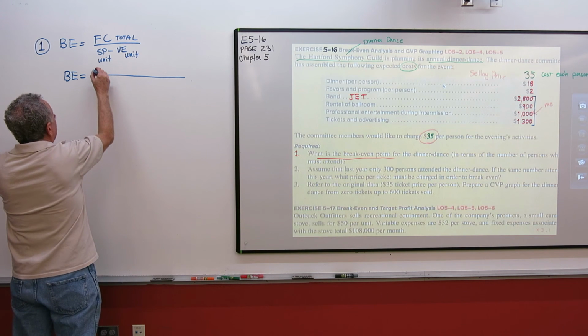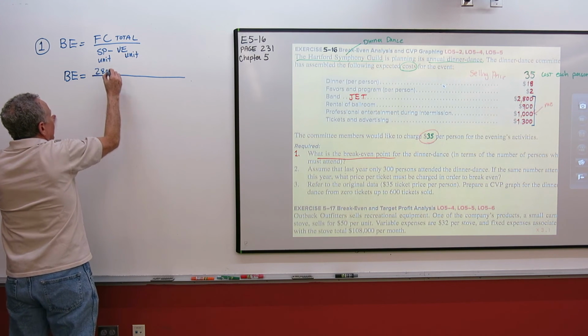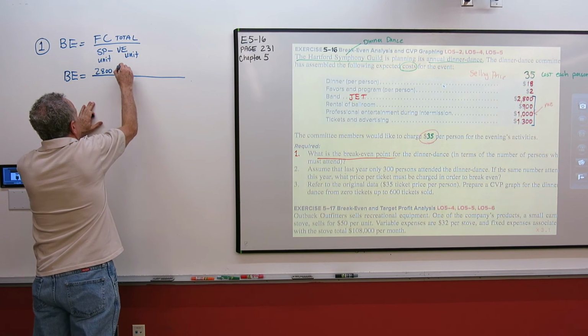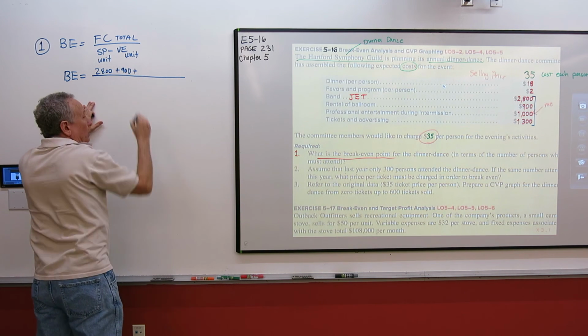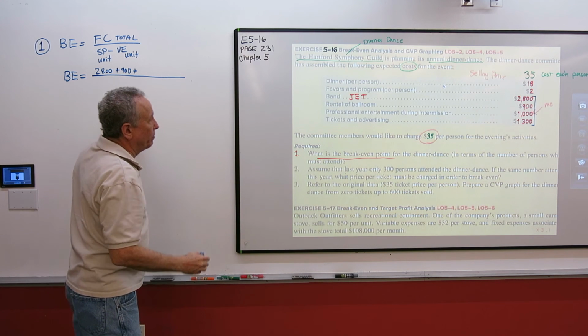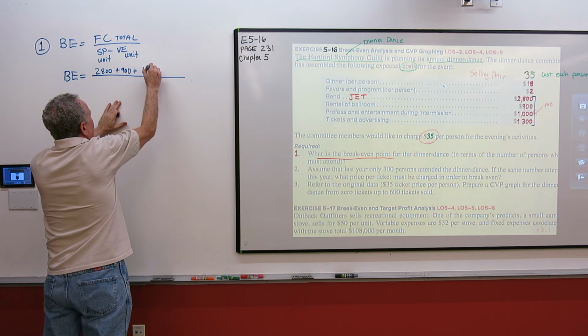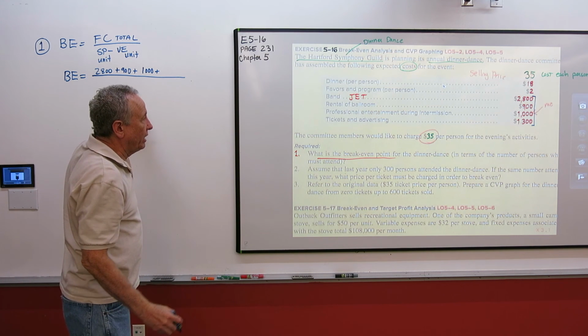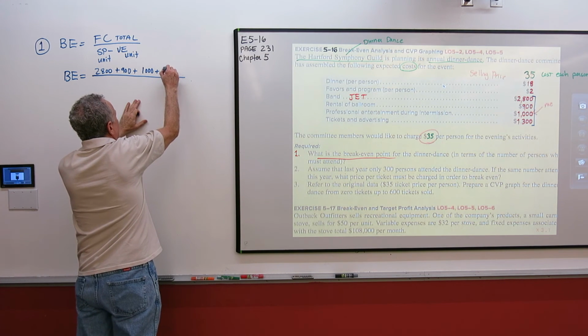Those are going to be what, $2,800? Is that what the first one is? $2,800 for the band. The rental of the ballroom is $900. Then the professional entertainment is $1,000. And let me see, tickets and advertising for $1,300.